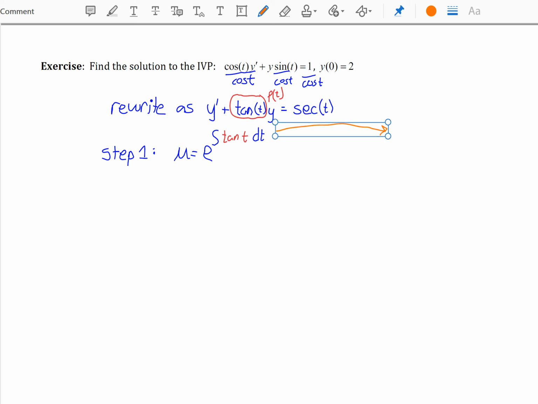So let's go over here and do some side work. And I want to do side work just to figure out what is the integral of the tangent of t dt.